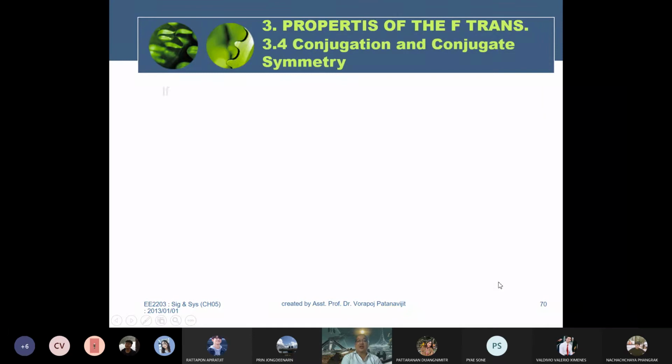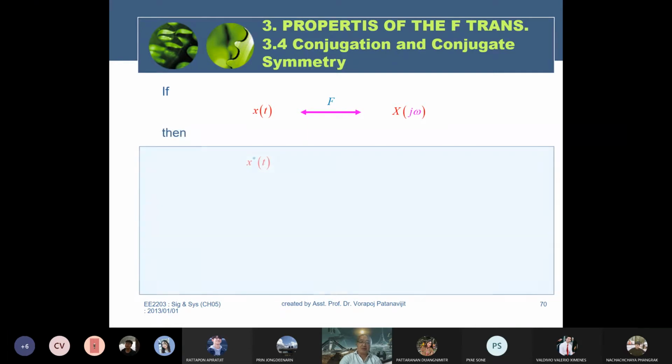Next one is the conjugation and the conjugate symmetry. If x(t) has the Fourier transform X(jω), and the Fourier transform of them equals to here, what about this? This is a conjugate. In general, x(t) is a real number, therefore we don't have the problem with the conjugate.